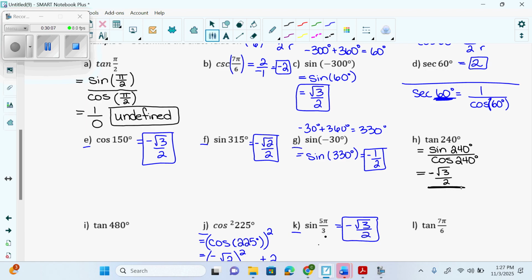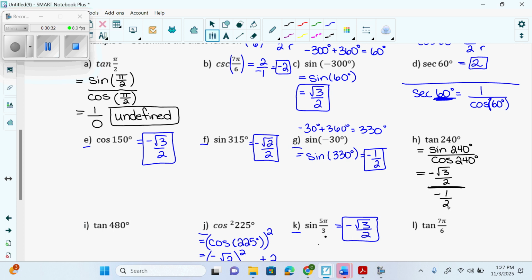negative 1/2. Now I told you about stacked fractions. If things can cross off in the numerators, you can do it. If things can cross off in the denominators, you can do it. Because when you divide fractions, it's actually this divided by this. So if you don't want to show that step where you take this and multiply by the flip of it, you can just cancel off if denominators are the same. So is there anything the same in both numerators?